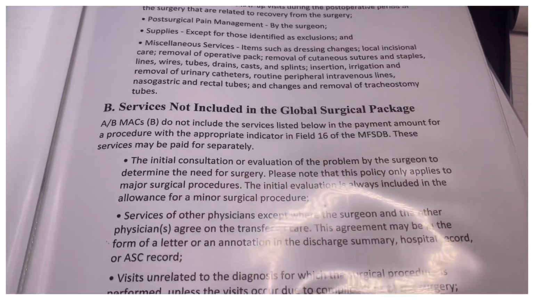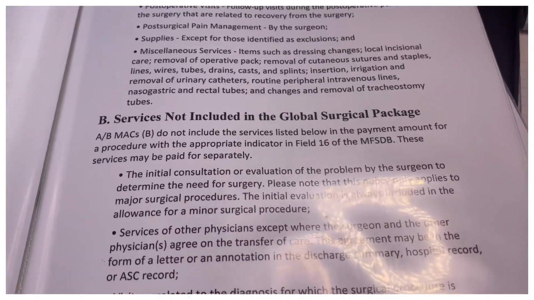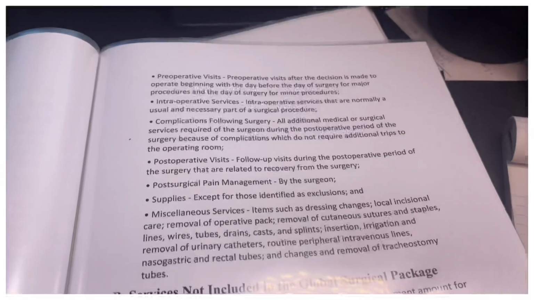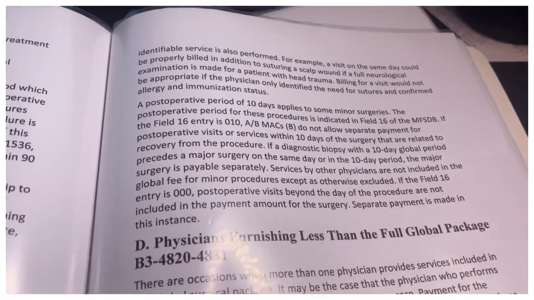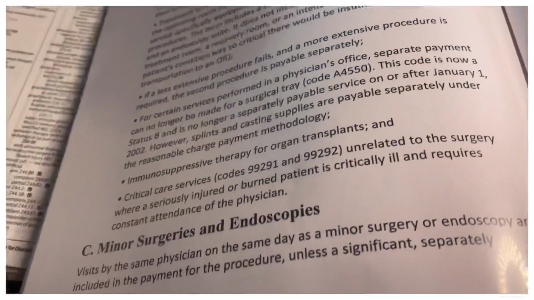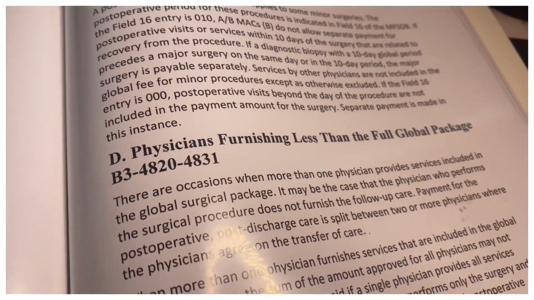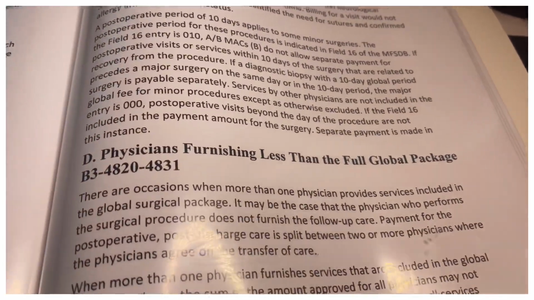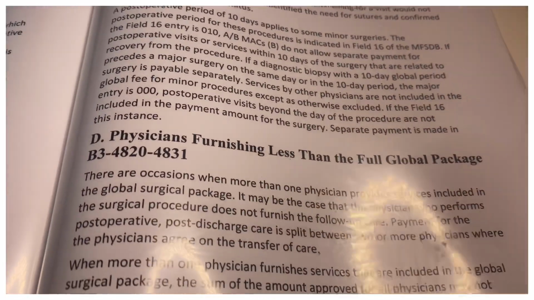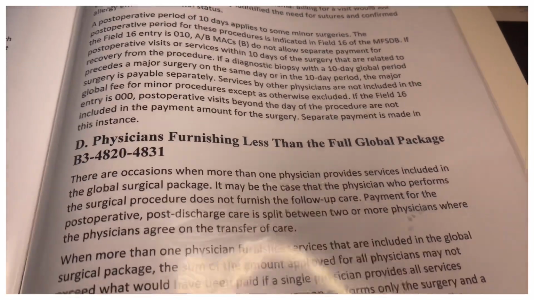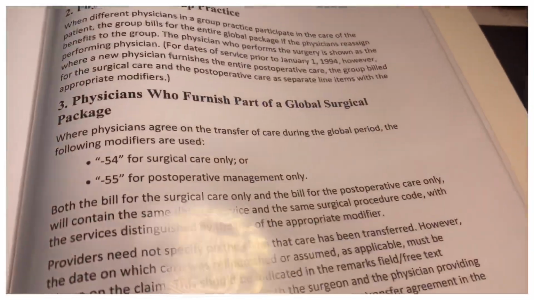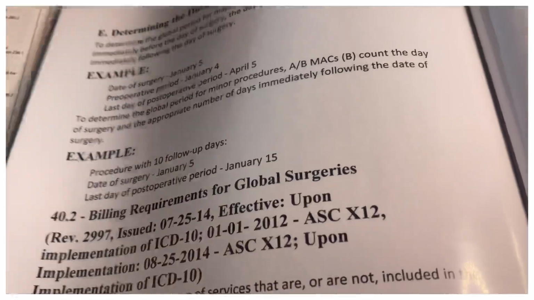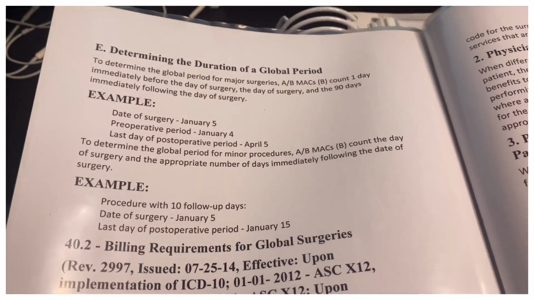They tell you about things that aren't included in the global surgery. And then they talk about minor surgeries and endoscopies. They talk about physicians furnishing less than the full global package, so maybe they didn't provide everything and the patient was seen by another physician or specialty. They even give examples.